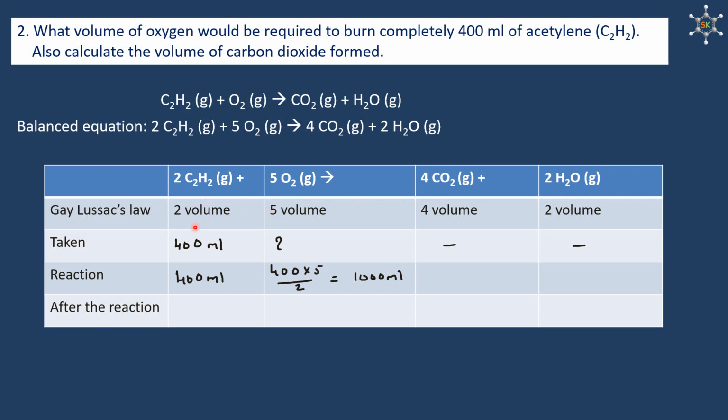Observe, 2 volumes of acetylene give 4 volumes of carbon dioxide. So 400 ml of acetylene is supposed to give double that amount, that is 800 ml of carbon dioxide. 2 volumes of acetylene give 2 volumes of water vapor. So 400 ml of acetylene is supposed to give 400 ml of water vapor.